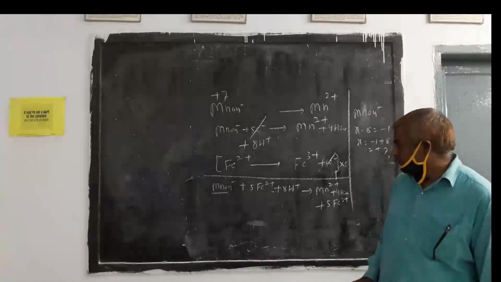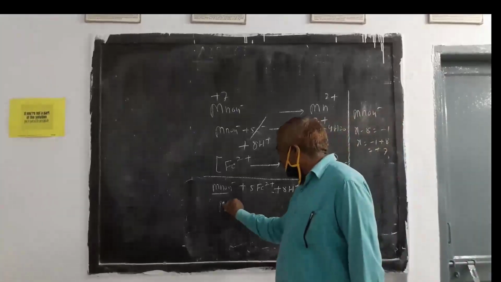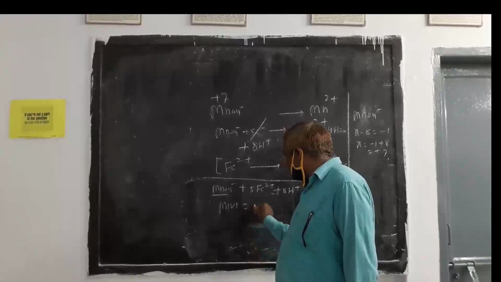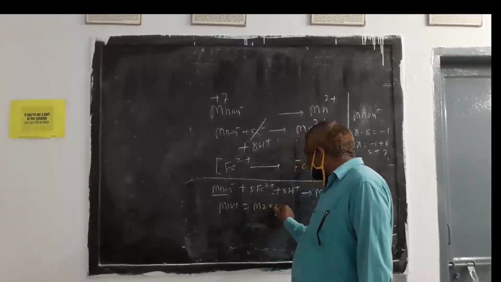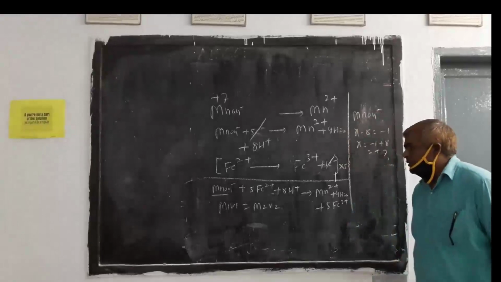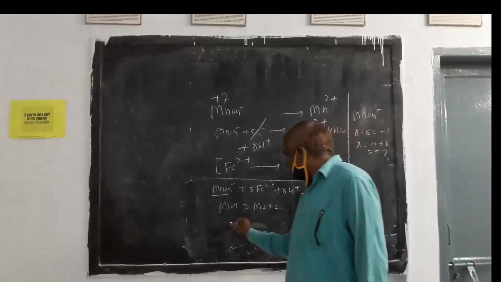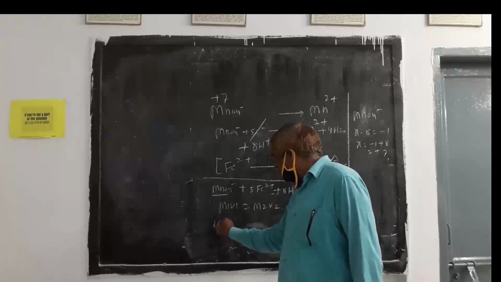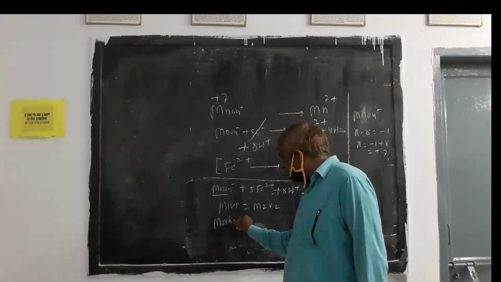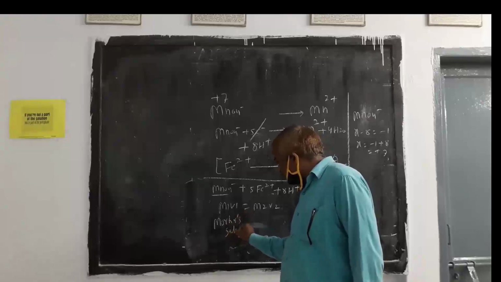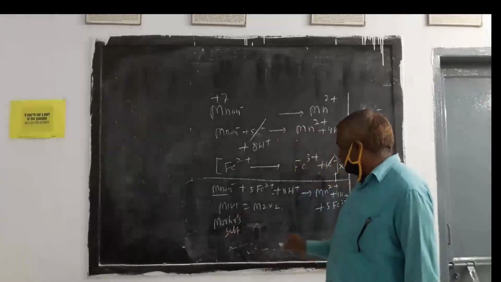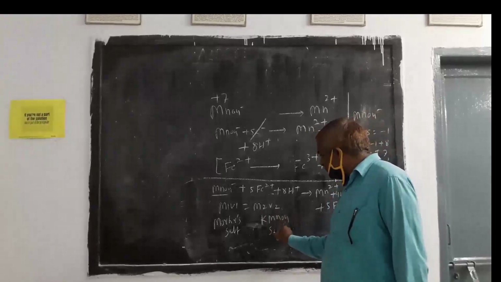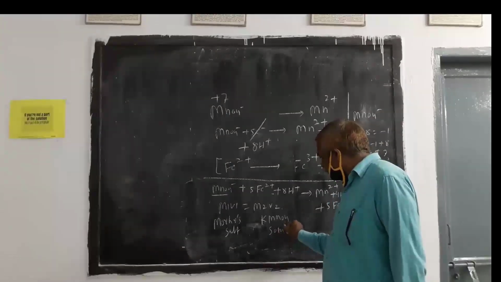We have to use the molarity relation, M1 V1 equal to M2 V2. Suppose M1 V1 is for Mohr's salt and M2 V2 is for the KMnO4 solution.